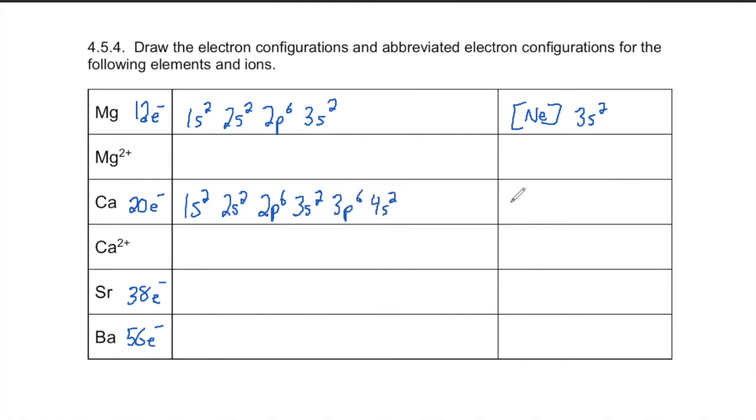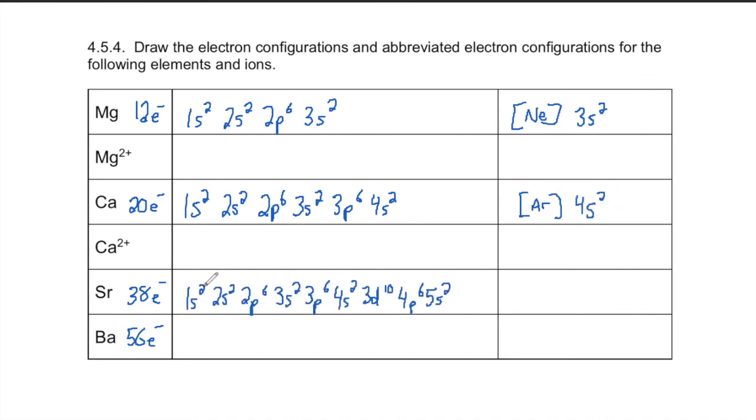So calcium with 20 electrons is very similar to argon with the 18 electrons, with 2 more in the 4s orbital. Okay, so here I have found spots for the 38 electrons of strontium, which is very similar to the 36 that are in krypton, plus another 2 added onto that afterwards.